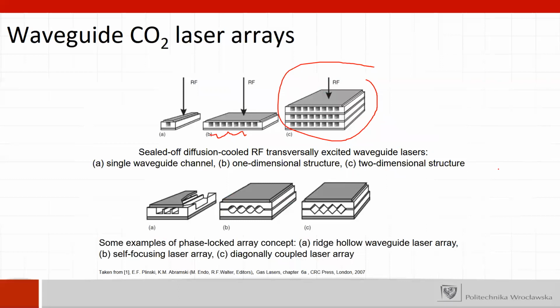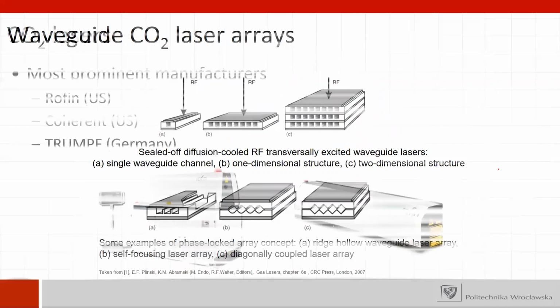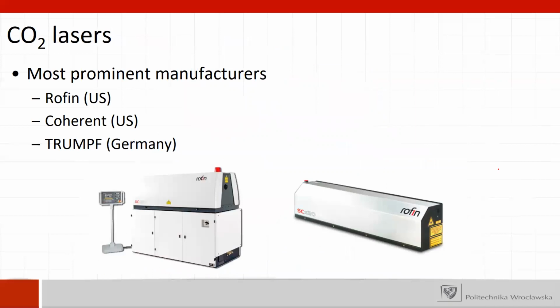So this leads to pretty high power operation of CO2 lasers. And these slab constructions are very often used nowadays in industry. The most prominent manufacturers are, for example, Rofin, Coherent, or Trumpf.